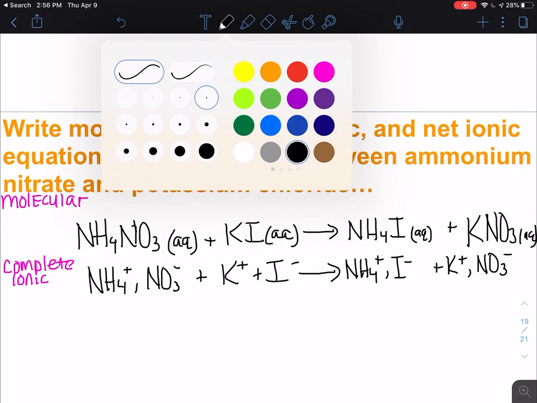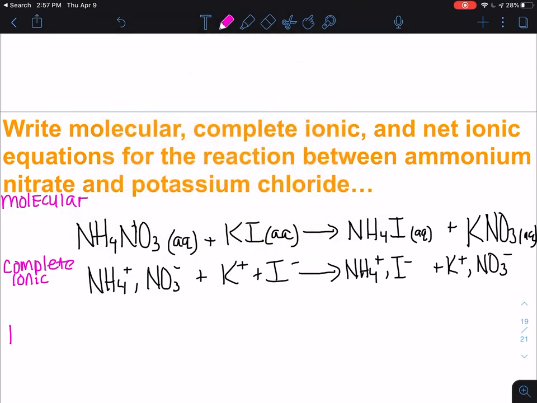Now we're going to do our net by removing all of the spectator ions. So NH4, that's here, and look, NH4, so that's gone. NO3, NO3, both gone. K plus, gone. And I minus, gone.